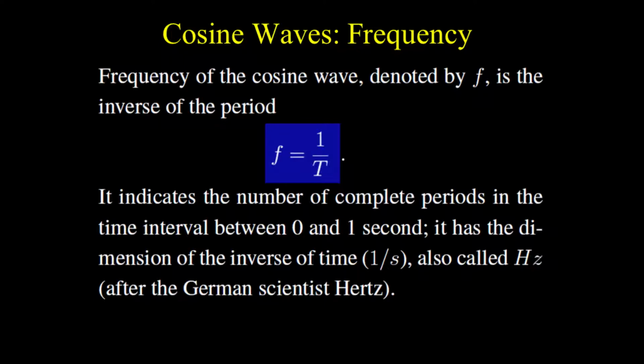The frequency of the cosine wave, denoted by f, is the inverse of the period. It indicates the number of complete periods in the time interval between 0 and 1 second. It has the dimension of the inverse of time, 1/seconds, also called Hertz, after the German scientist Hertz.